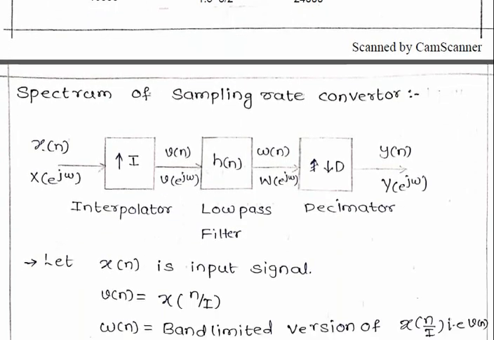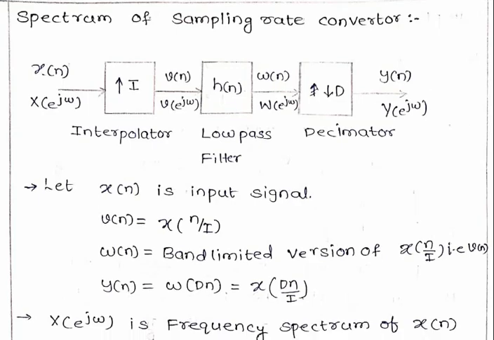Now we are going to discuss the spectrum of the sampling rate converter I by D. Instead of using two low pass filters, here I am using only one low pass filter. This will act as an anti-imaging filter as well as an anti-aliasing filter. In this block diagram we have the interpolator, low pass filter, and decimator.